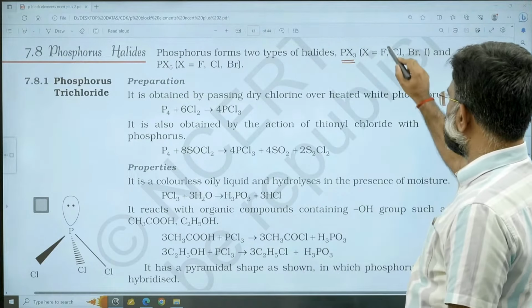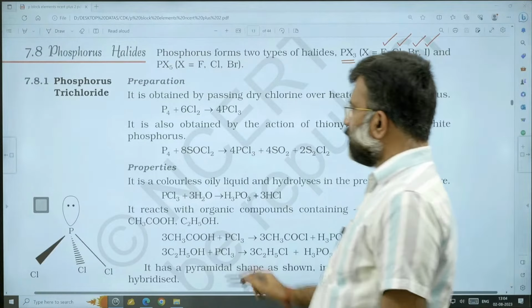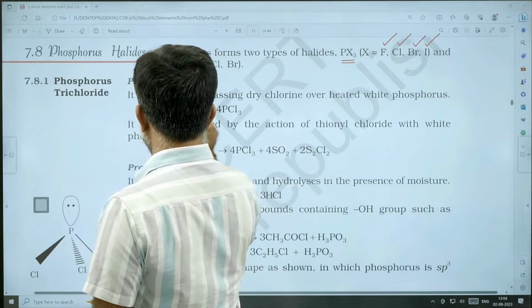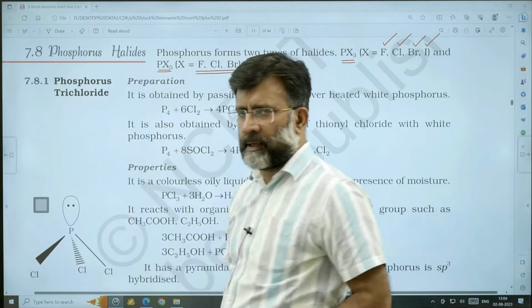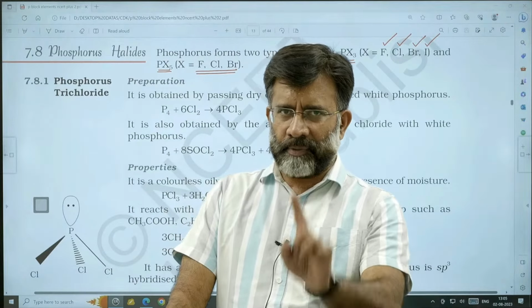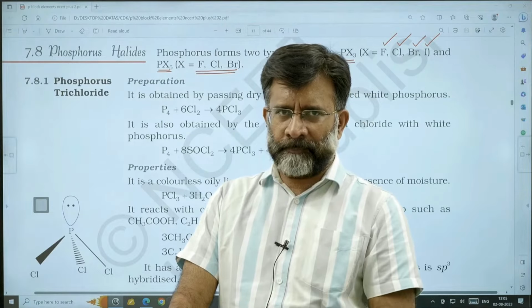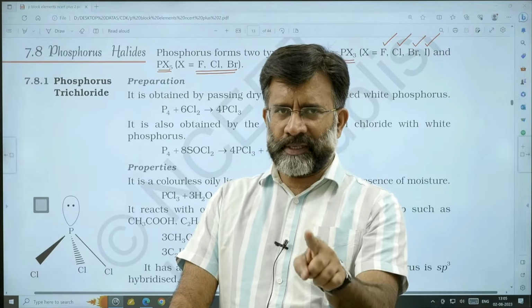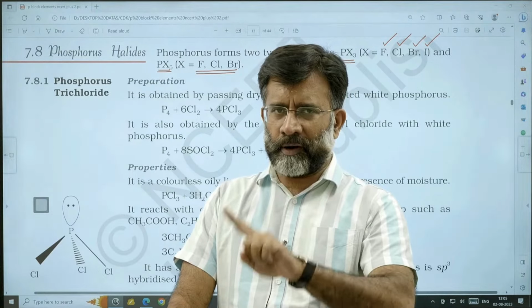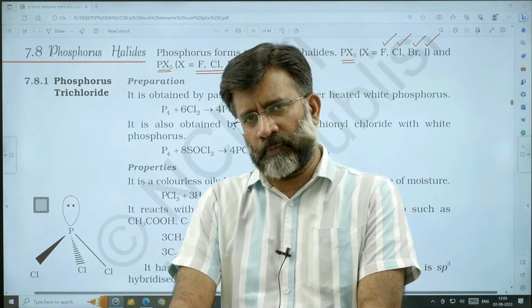It can be PF3, PCl3, PBr3, PI3, and PF5, PCl5, PBr5. Very important to note that PI5 is not available. Phosphorus is not forming PI5.